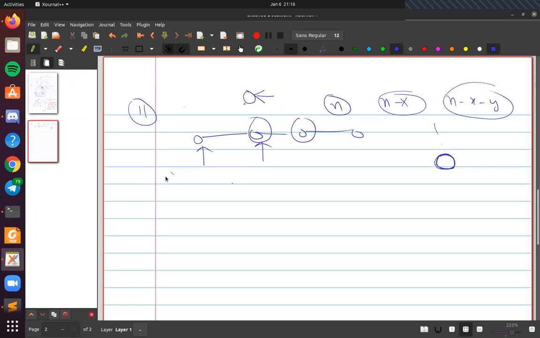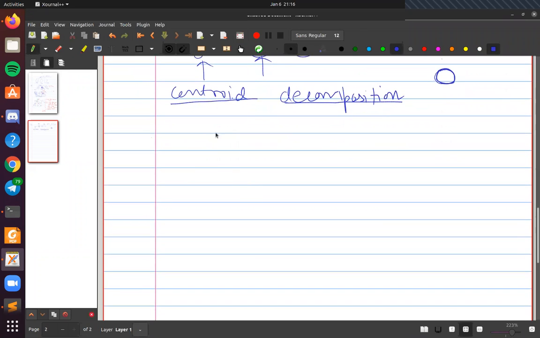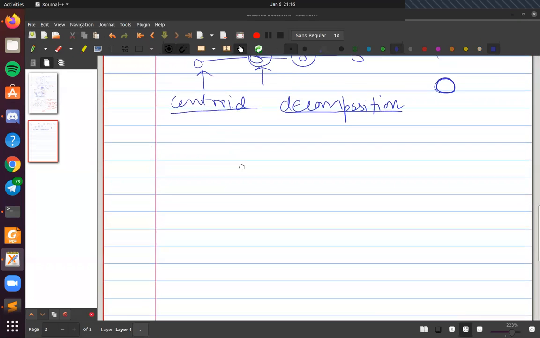Now we will come to centroid decomposition. Okay, so we'll consider the above example.